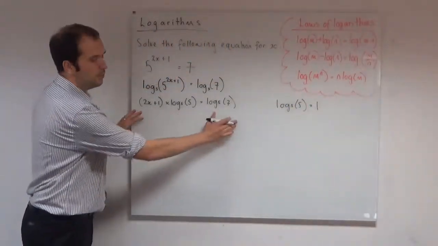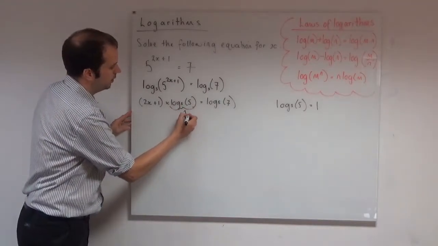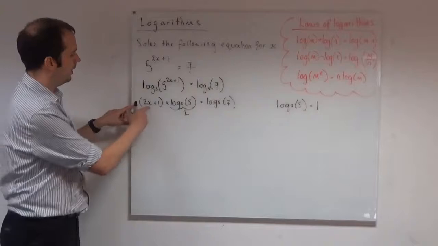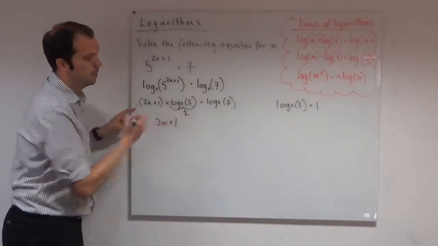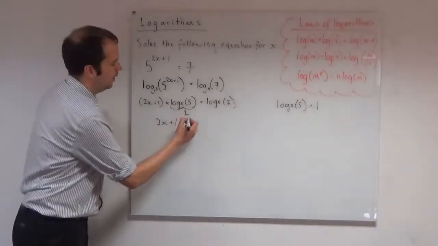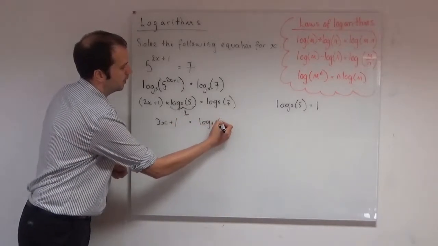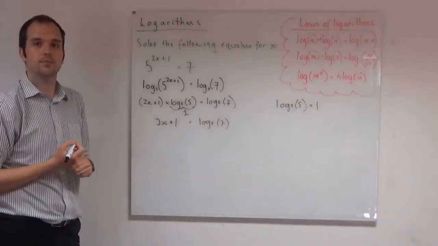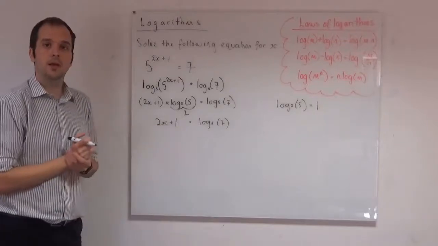And that really helps simplify this whole expression. This bit here is just 1. So I've actually just got 2x plus 1 on the left hand side, and that is equal to log to the base 5 of 7.